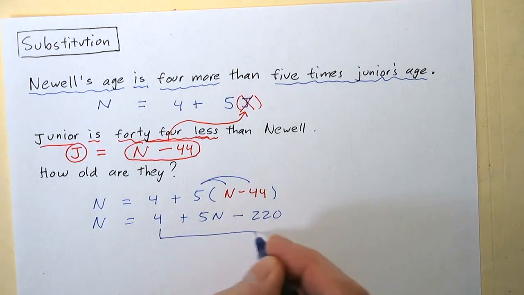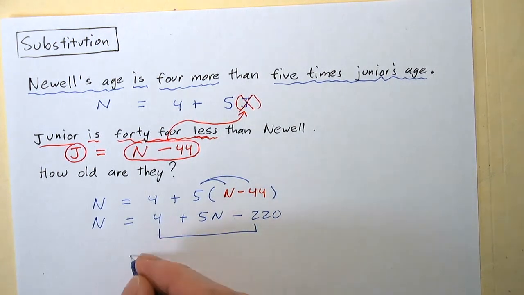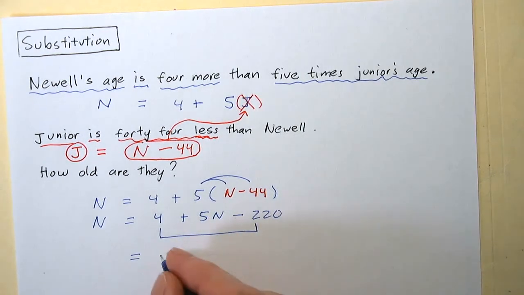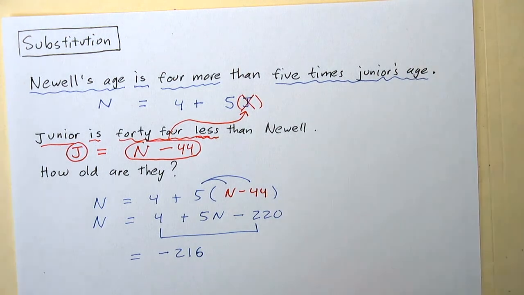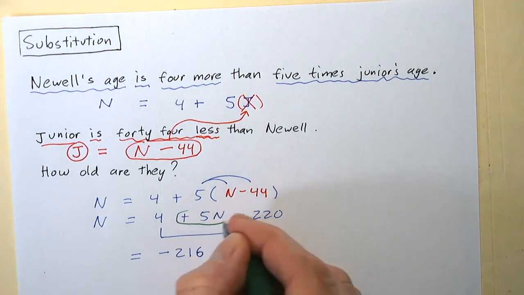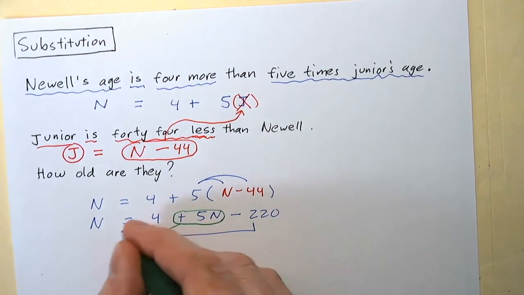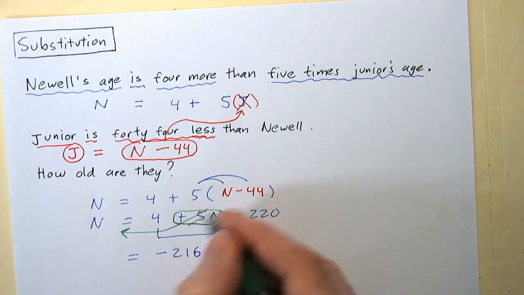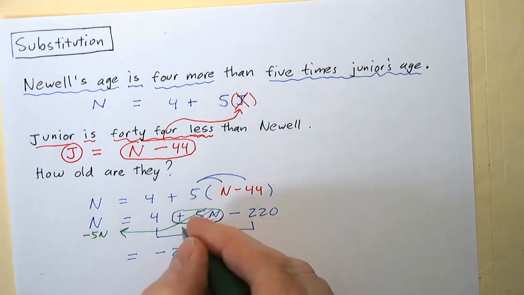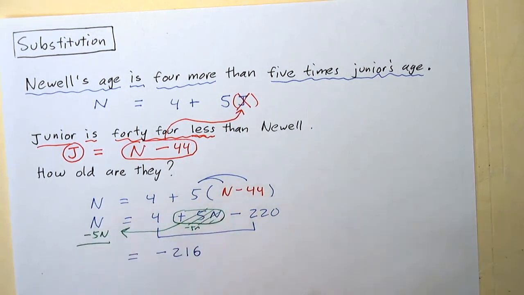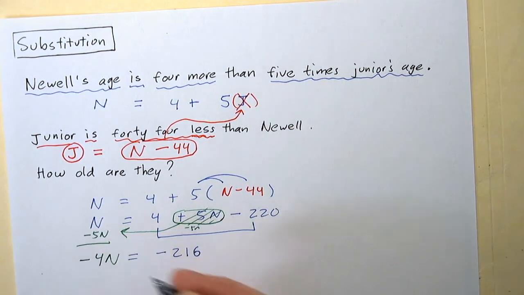We can put the 4 and the 220. 4 minus 220 is negative 216. And what about the n's? Well, let's get these n's over here with their friends. Let's combine like terms. Subtract 5n. 1 minus 5 is negative 4.